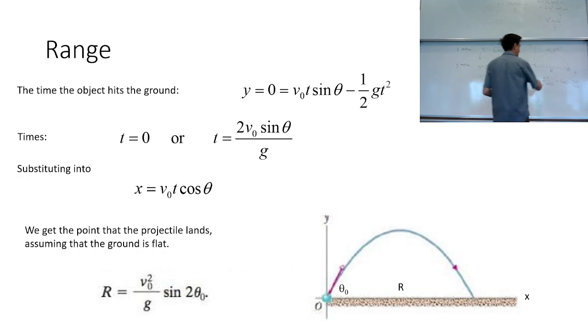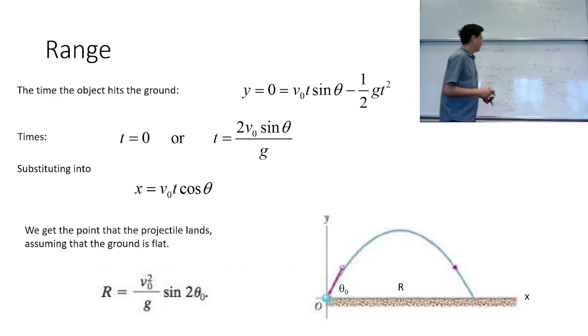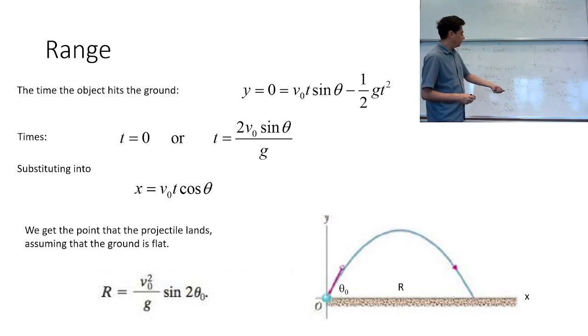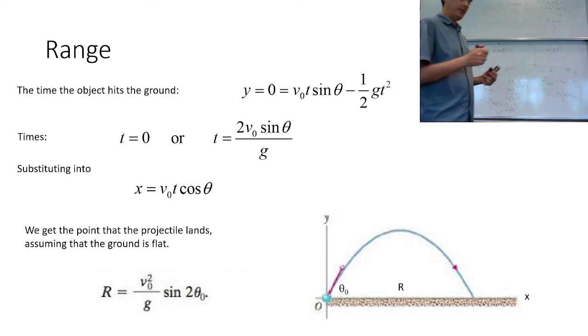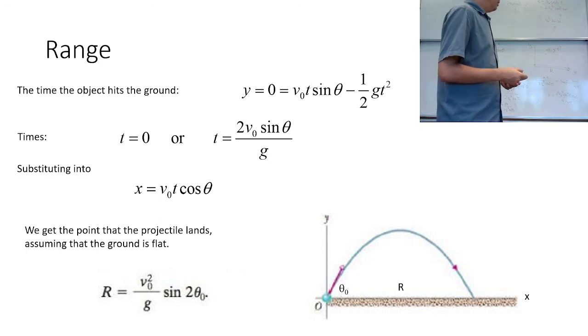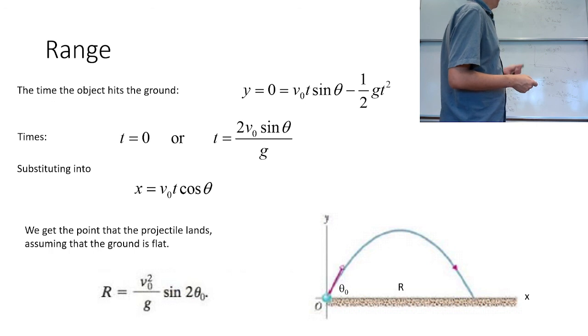And just rearrange this equation for x. So it'll be 2v0 squared cosine squared theta sine theta over g cosine theta. This cosine cancels. And then we've got 2v0 squared sine theta cosine theta over g, which is the same thing as this. So we could have equally got it from this equation, whichever one you like. Okay, so that's the range.